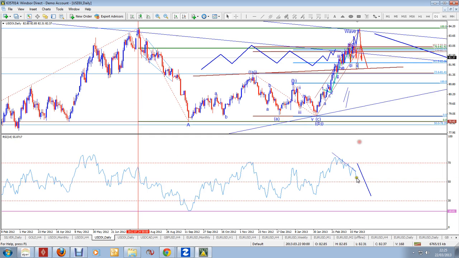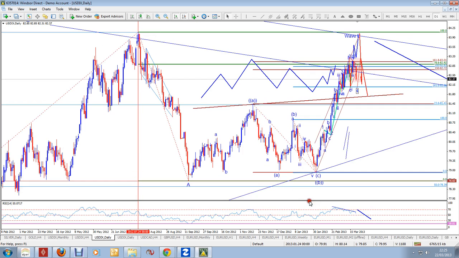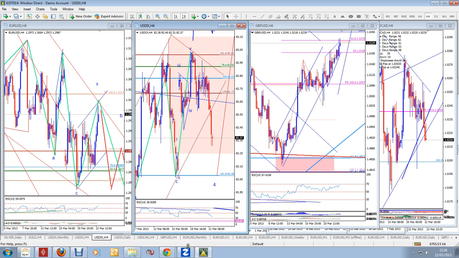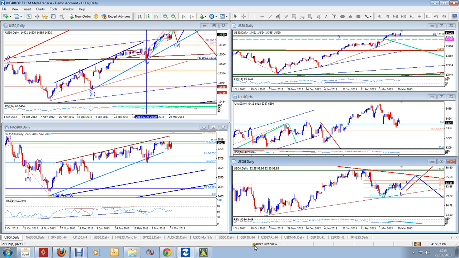On the daily chart, we have a serious divergence on the RSI, so everything is pointing to perhaps a top already in or will be in on the next thrust up, and we will soon know. So possibly we are expecting sideways to maybe one more thrust up, or simply a breakdown in dollar index. So let me quickly go through the dollar index, US dollar pairs now.